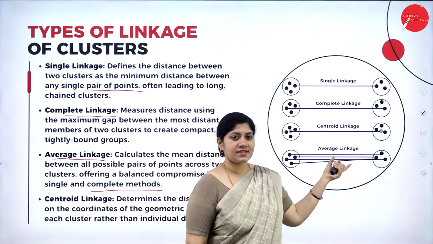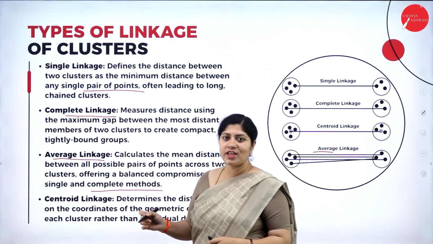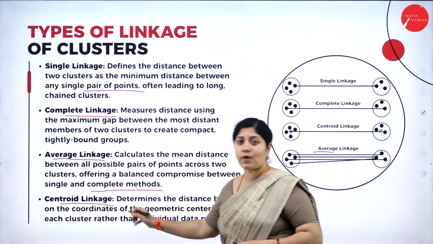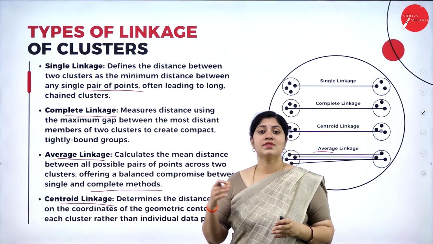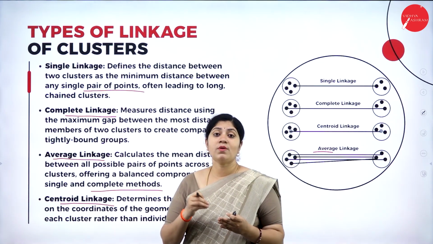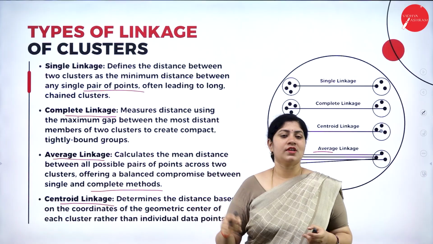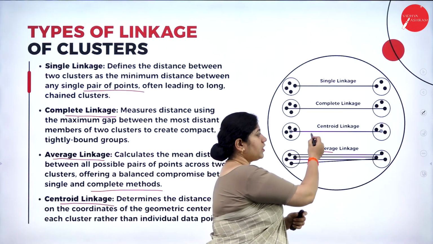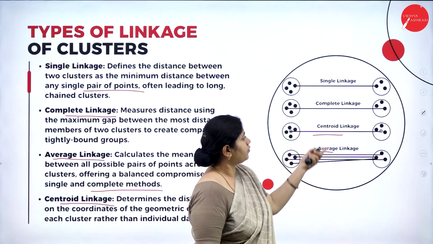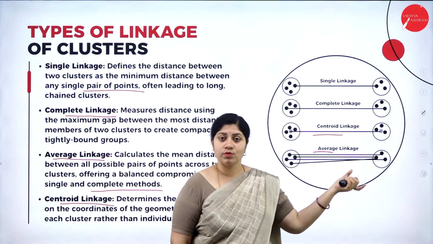Thus, over here we can see the average linkage. The next type of linkage is centroid linkage. It determines the distance based on the coordinates of the geometric center of each cluster rather than individual data points. Yes, the centroid linkage is over here. So these are the four different linkages that are possible with respect to clustering.